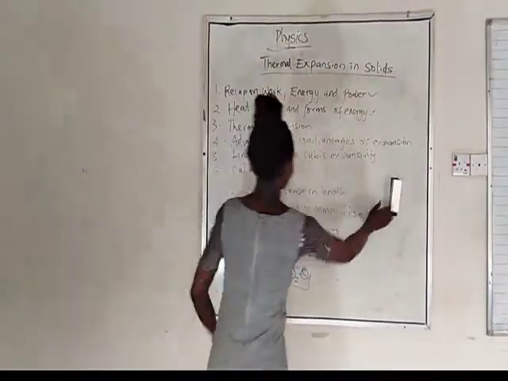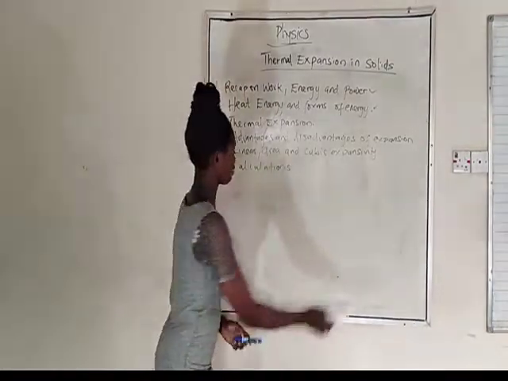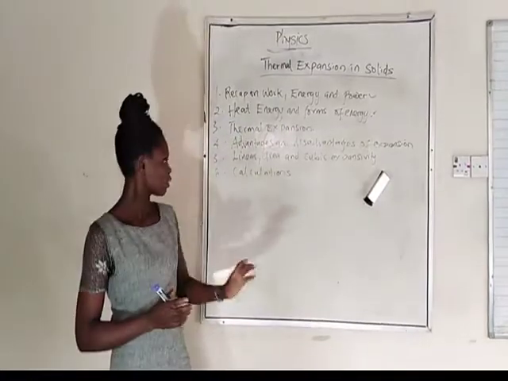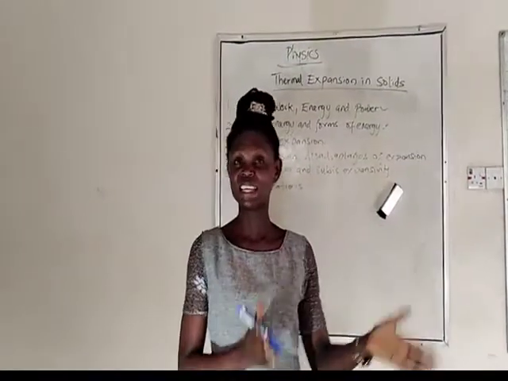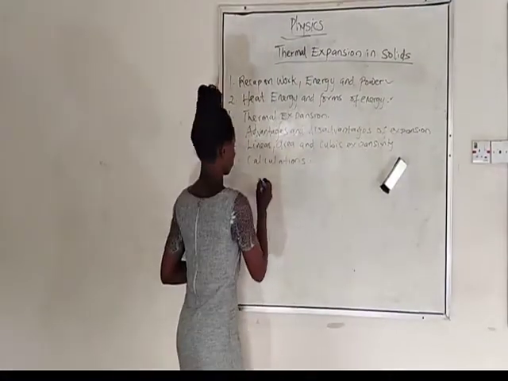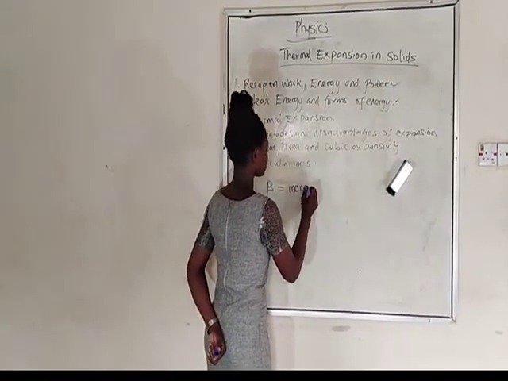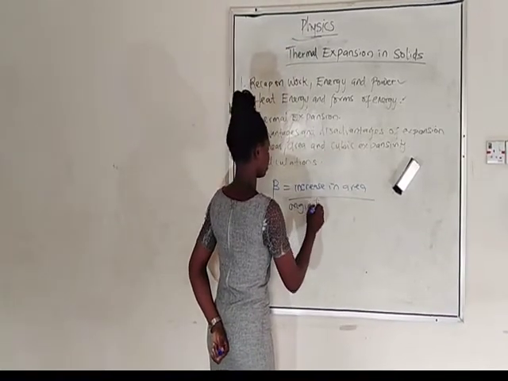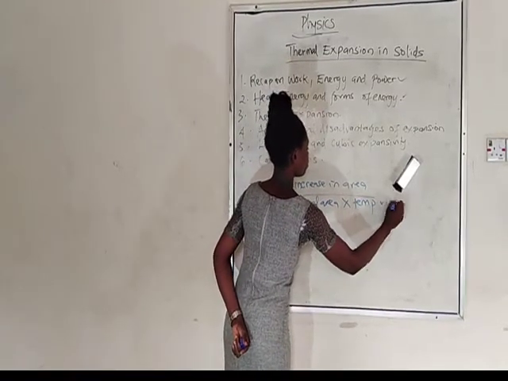We move on to the second of them, your area expansivity, or what we call superficial expansivity. What is superficial expansivity or area expansivity? Take note that the first one was the increase in length. For your area expansivity, this is the increase in the area of a body per rise in temperature. We denote this by the alphabet beta. Beta is going to be your increase in area all over the original area of this body times the temperature rise.